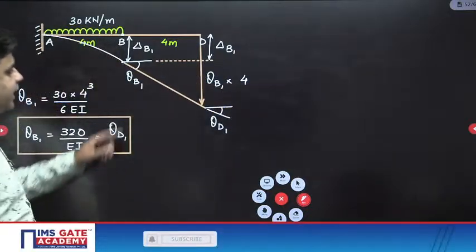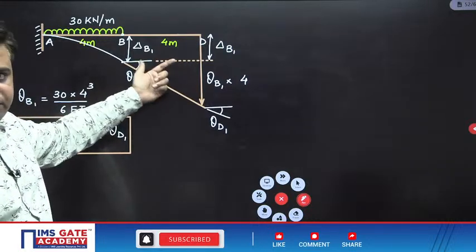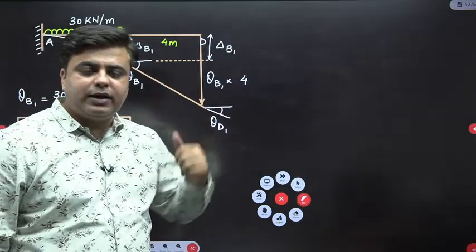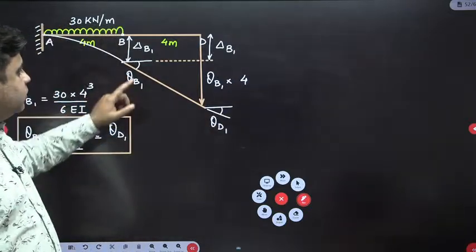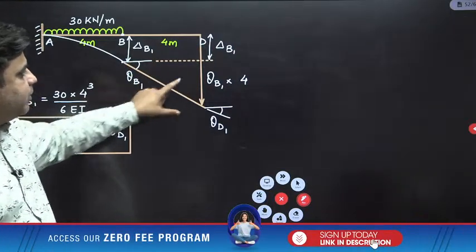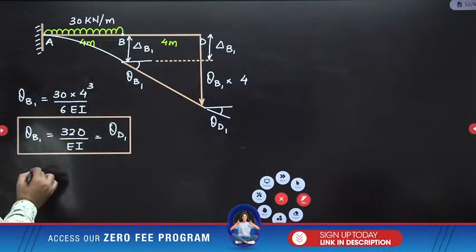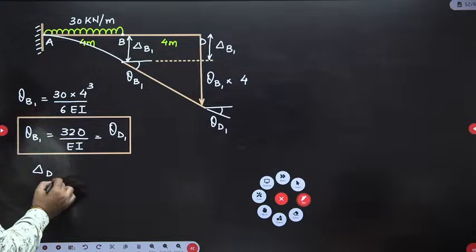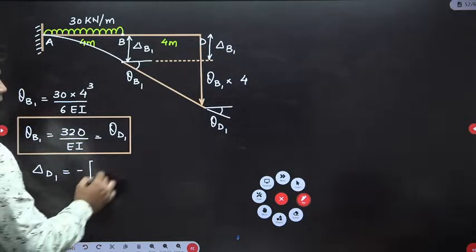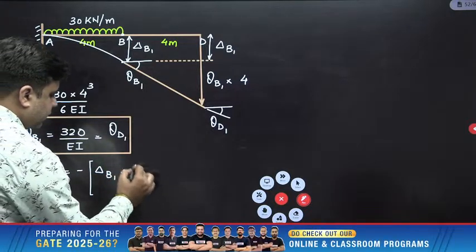If you write tan of theta B1, it will be perpendicular by base, right? Now since theta is very small, tan theta can be written equal to theta. So this value will be equal to this length multiplied by theta B1. So this total will be delta D1. Delta D1 is downwards, so I will write minus, and it is equal to delta B1 plus theta B1 into 4.